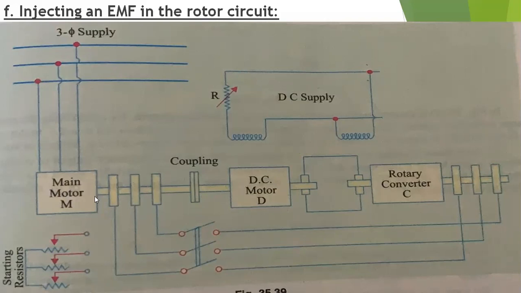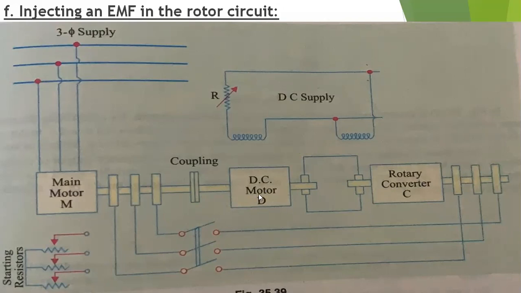The slip rings of M are connected to the rotary converter C. The DC output of C is used to drive D. Both C and D are excited from the DC bus bars or from an exciter.